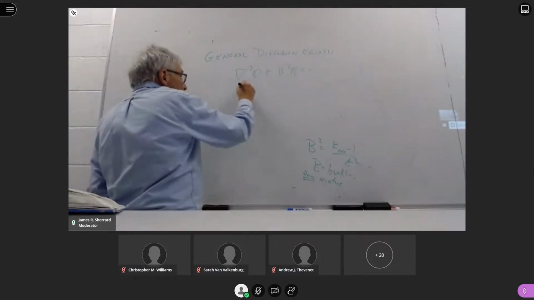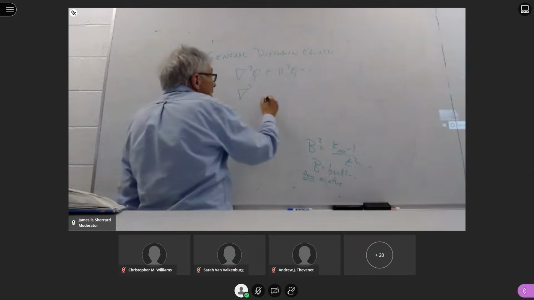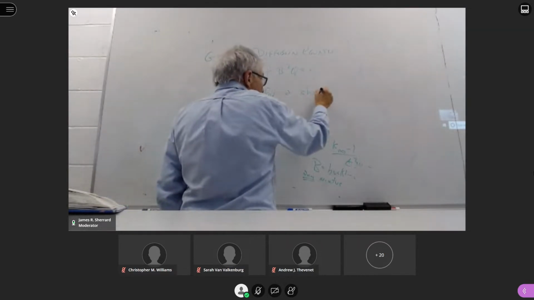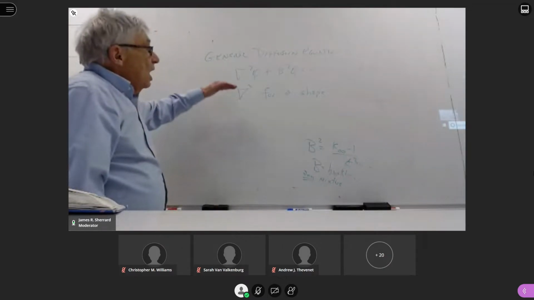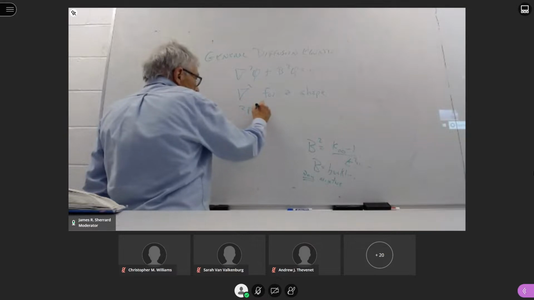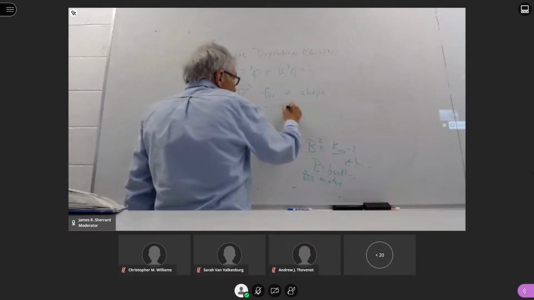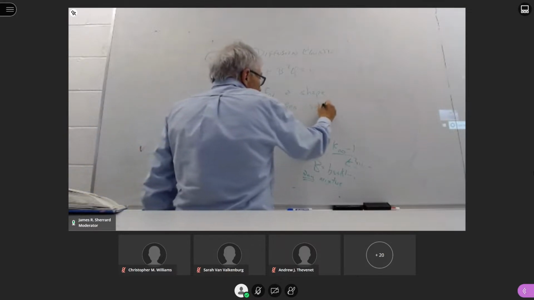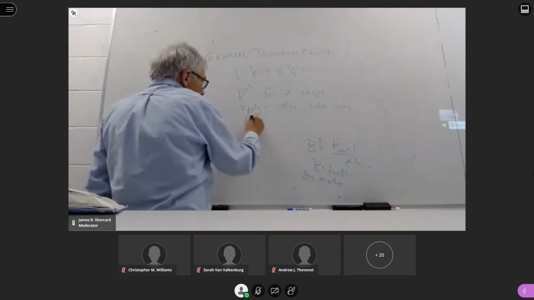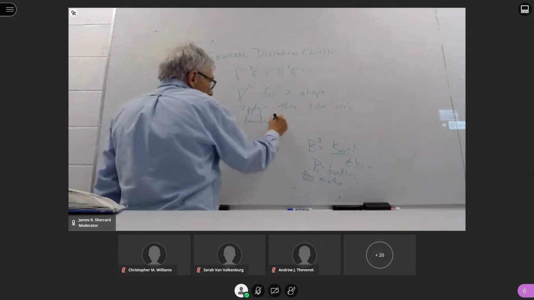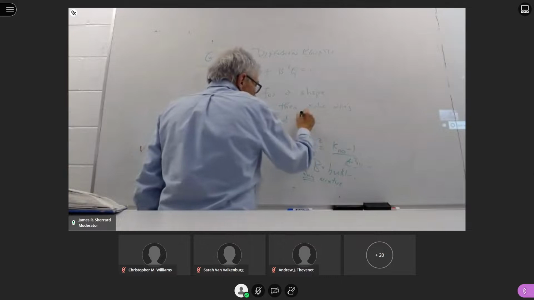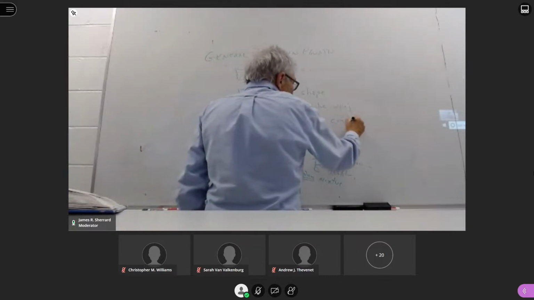We have to take the del 2 for a shape, apply that, then solve using boundary and initial conditions.